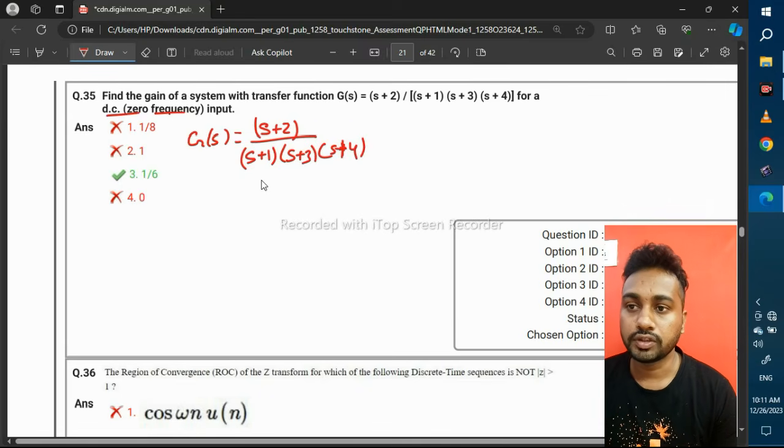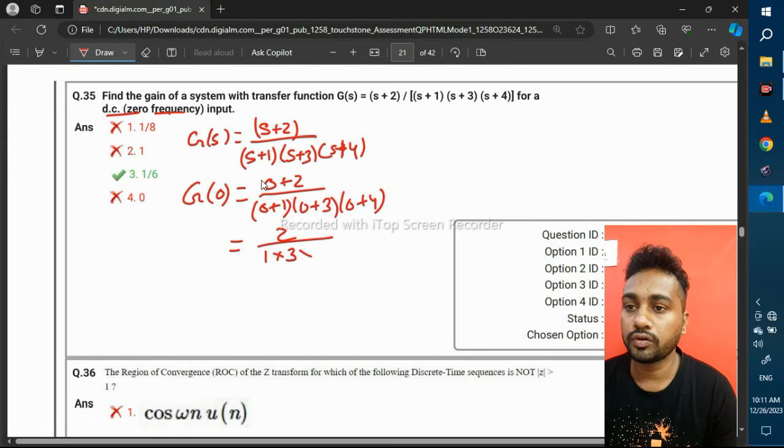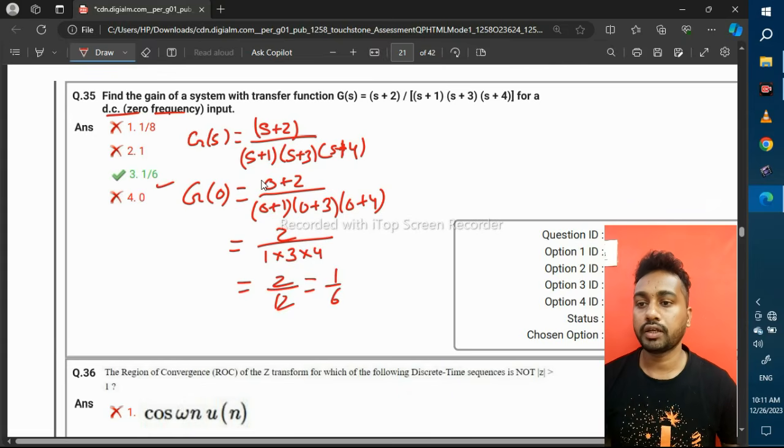DC value is 0, so we put s equal to 0. It will come 0 plus 2 divided by 0 plus 1, 0 plus 3 and 0 plus 4. So 2 divided by 1 into 3 into 4, that is 2 by 12 or 1 by 6. So option 3 is the right answer.